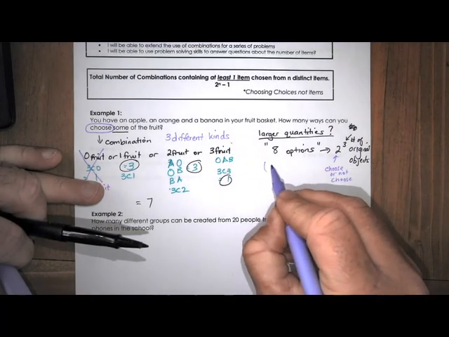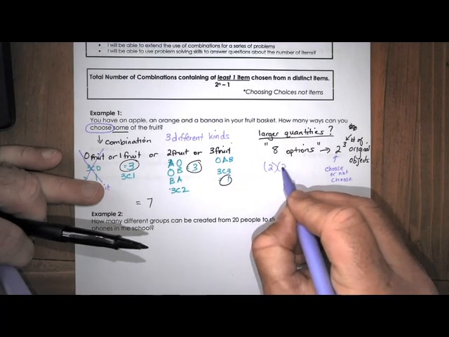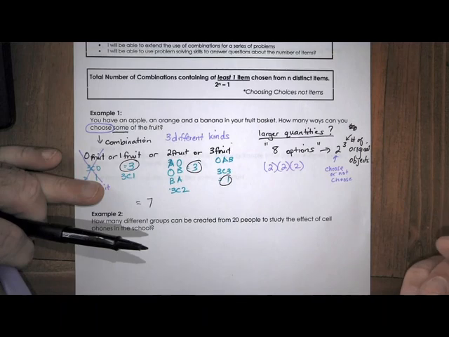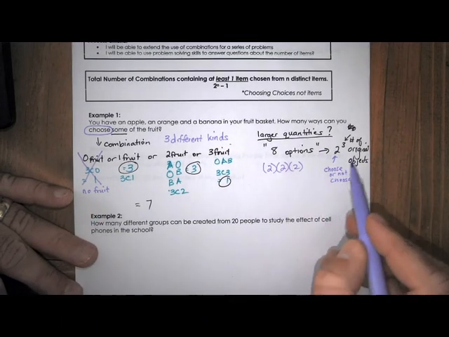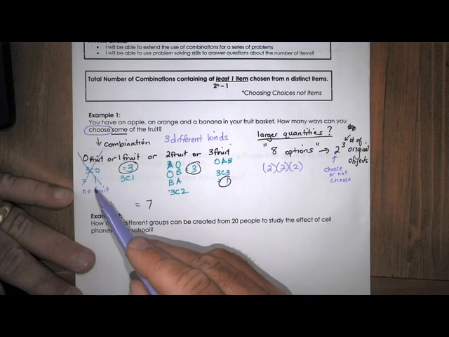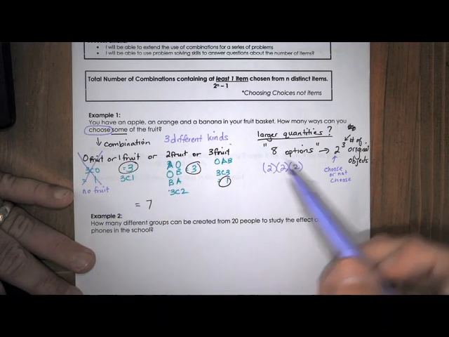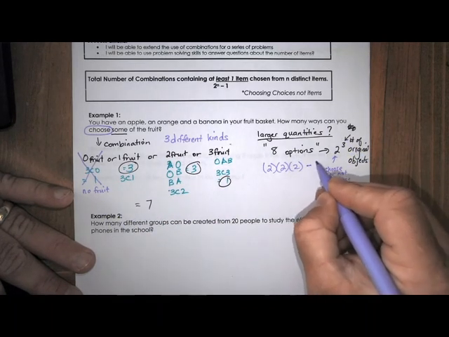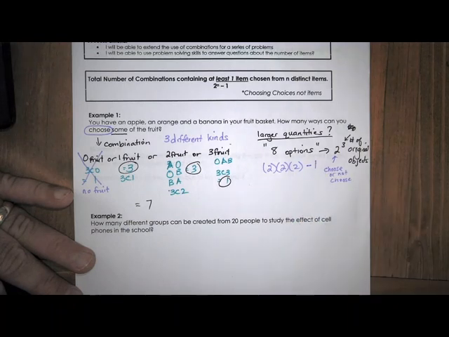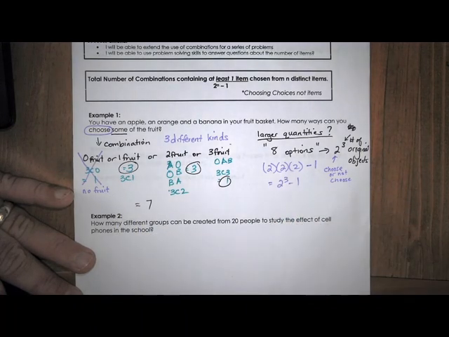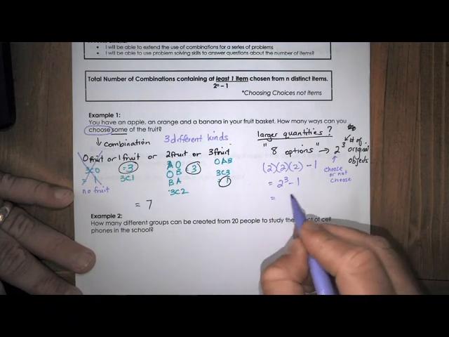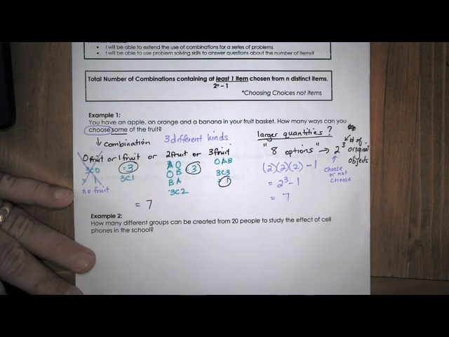And it's kind of like saying 2 times 2 times 2. But the problem with this is, in here, there's one way of not choosing something. So what we have to do is subtract that one option that always is the case of not choosing any. So in this case, that is another way of getting that answer.